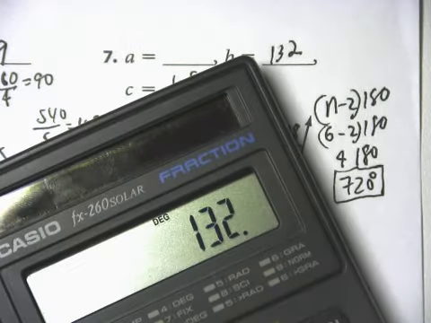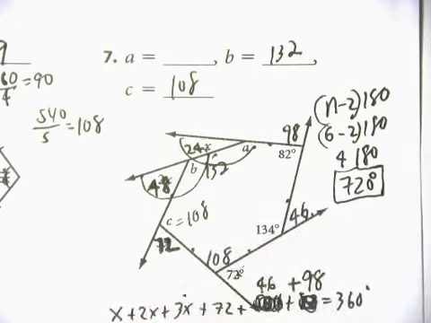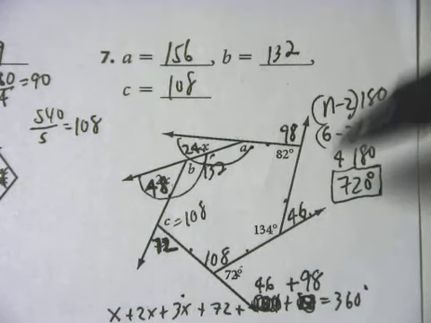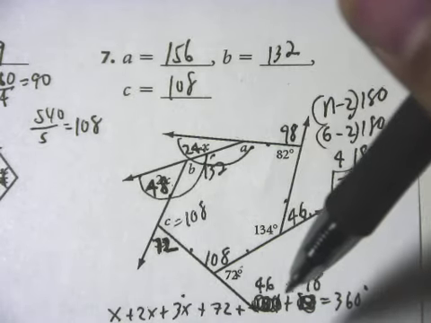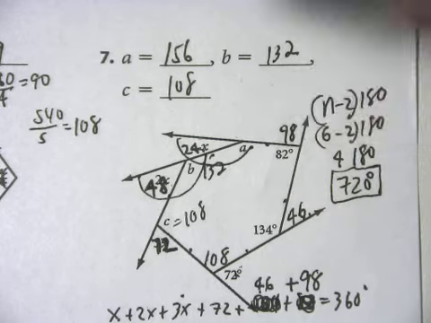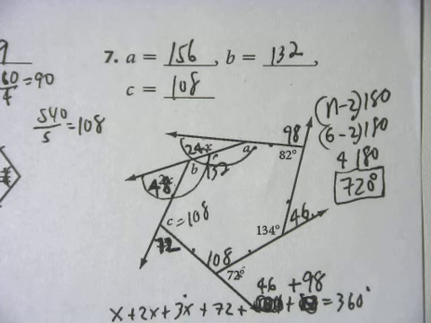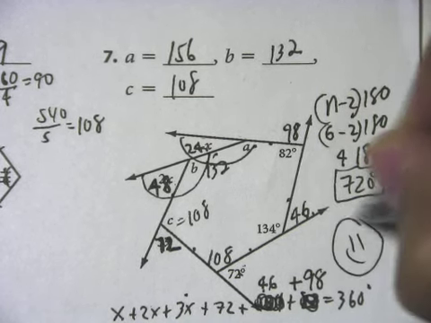So 180 minus 48 is going to give me 132. And then 180 minus 24 is 156. And there I got all my angles.